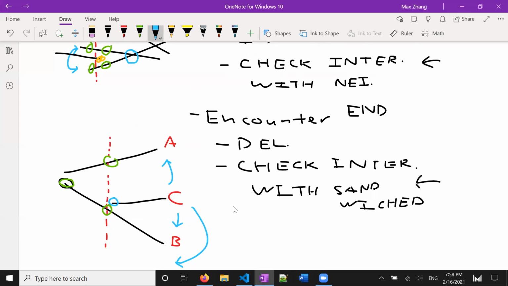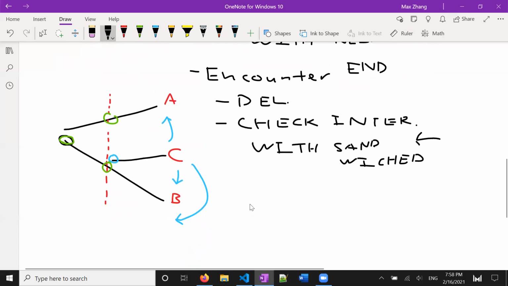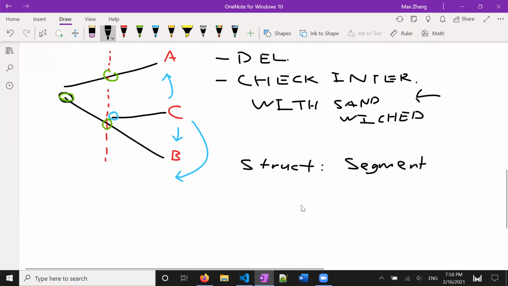So what this looks like in code is that we would create a struct for our line segment, and we would define a comparator. This is some stuff that you can look up if you're not too sure. Struct is a thing in C++. If you use a different language like Java, they are called classes.